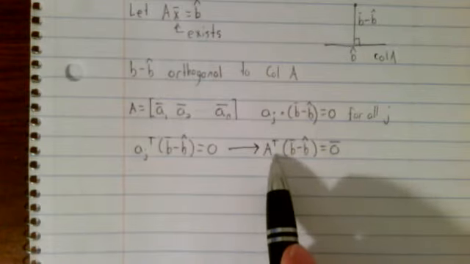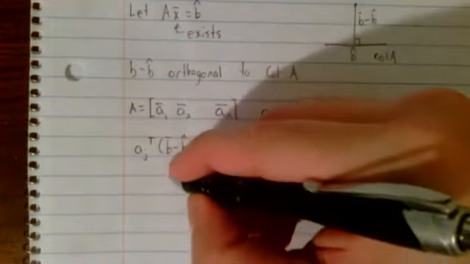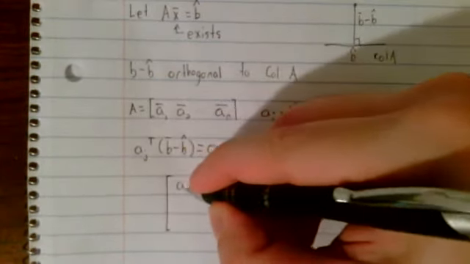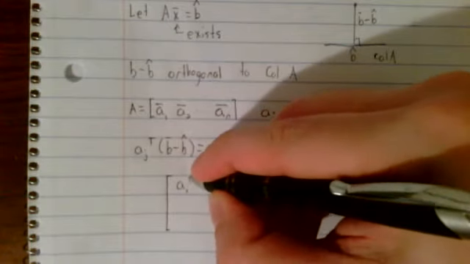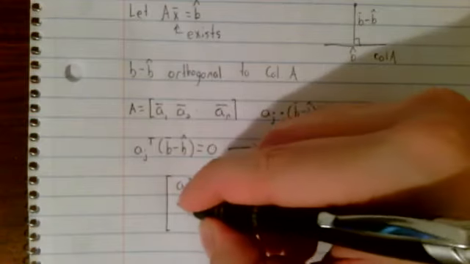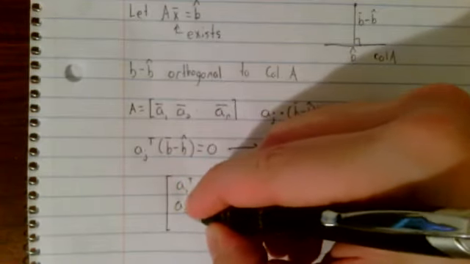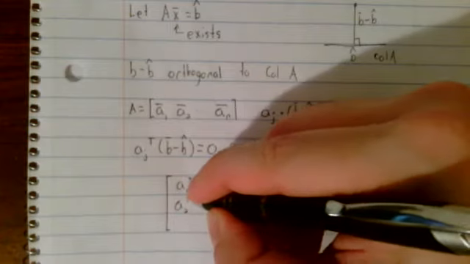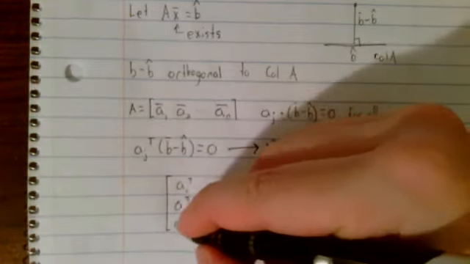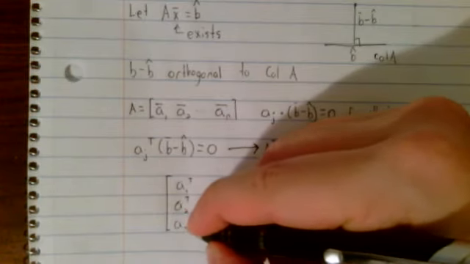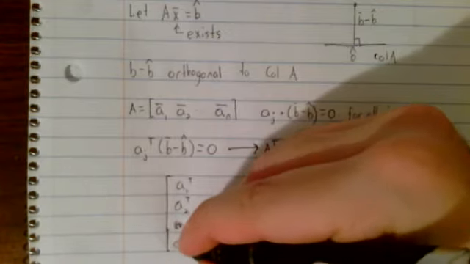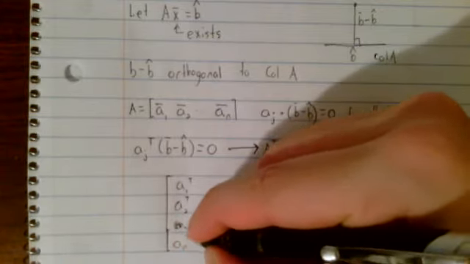Why is this true? So here is A transpose. Its rows are the transposes of these columns.